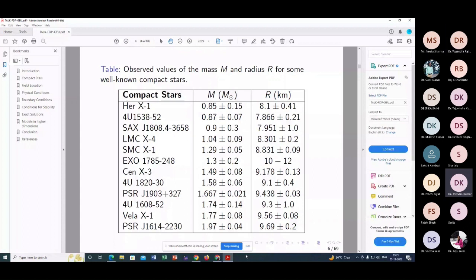Right now we can compare our results or our model. We have many models that are capable of representing these compact stars with these masses and radii.